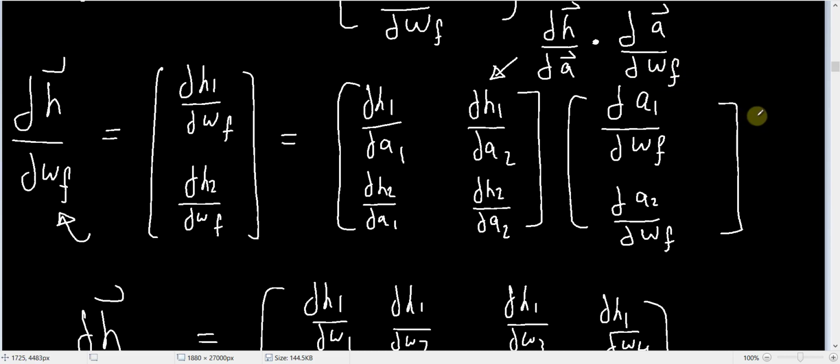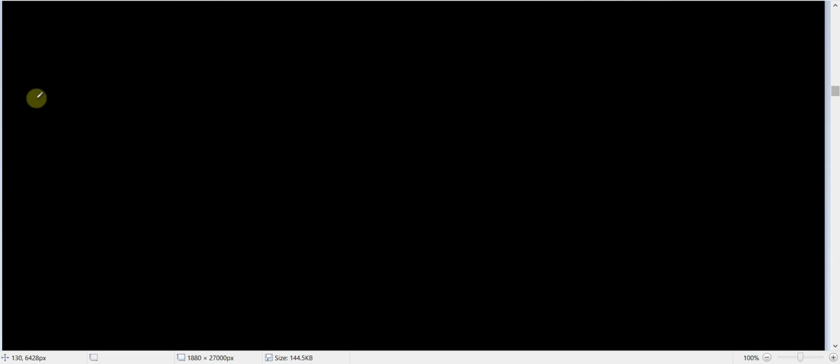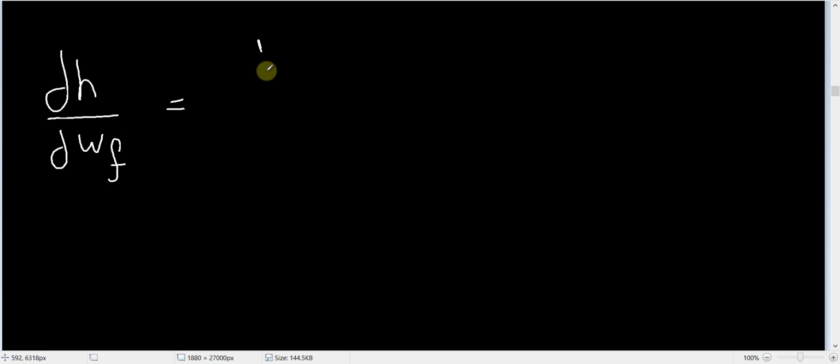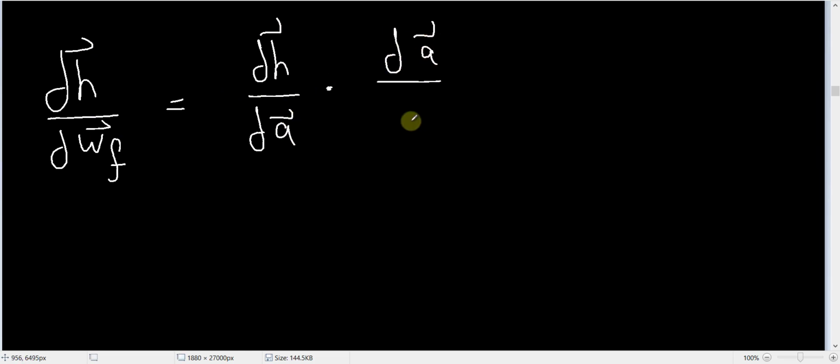So this is another Jacobian having the derivative of the vector A with respect to the flattened version of our matrix W. So now this is really our new chain rule for this specific situation. dH by dW in the flattened form is equal to dH as a vector, here as a vector, here also this is a vector, by dA as a vector multiplied by dA as a vector divided by dW in the flattened form.